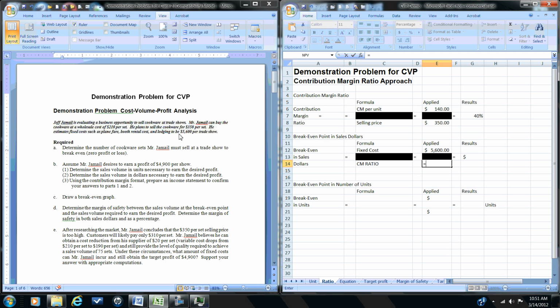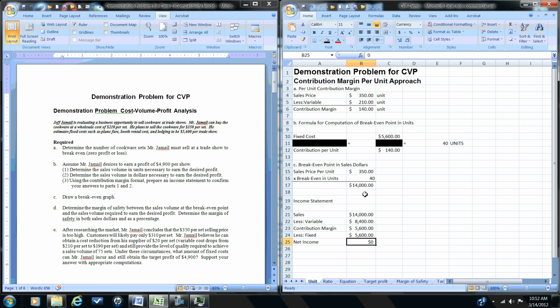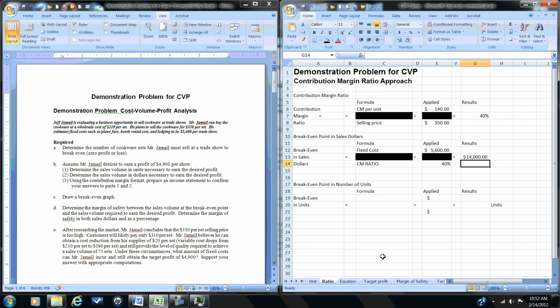We have just calculated the CM ratio to be 40%. So our break even in sales dollars is going to be our fixed cost divided by the CM ratio, or $14,000, and this matches what we determined using the contribution margin per unit approach. Each of these methods will produce the same results, just different ways of getting to the same spot.